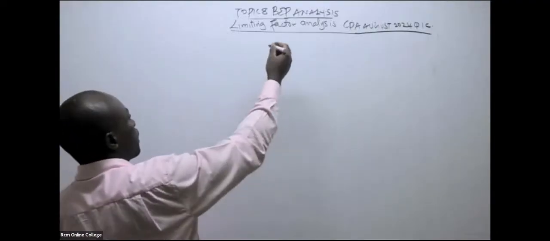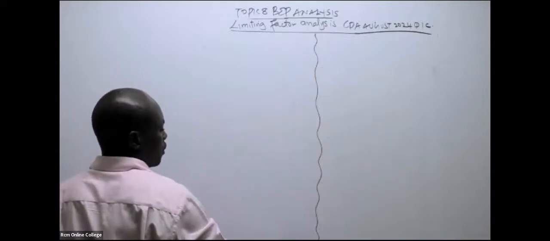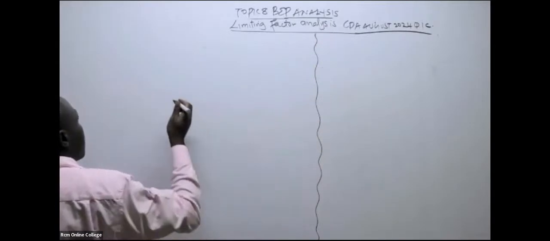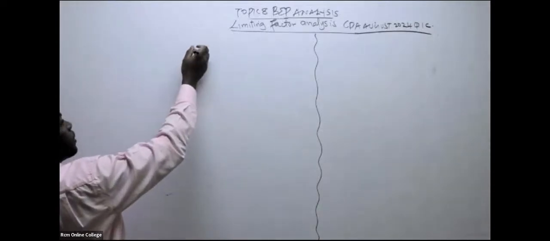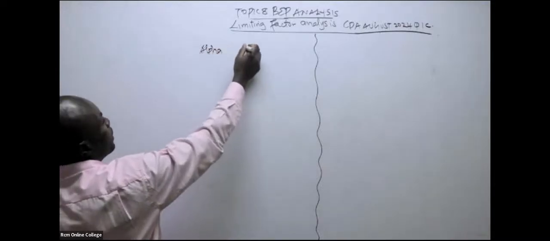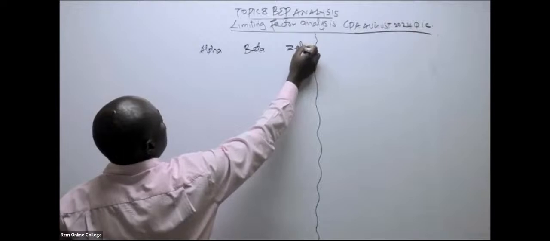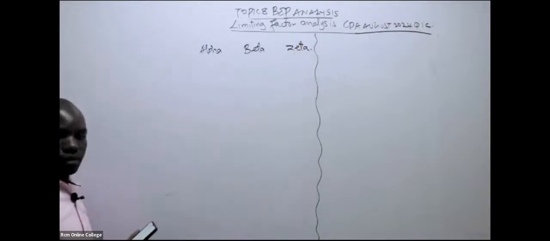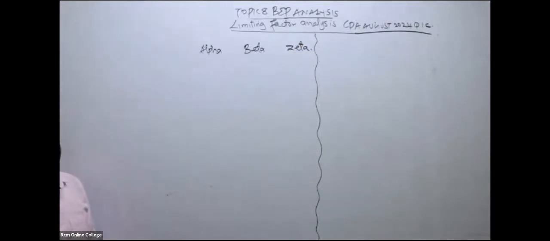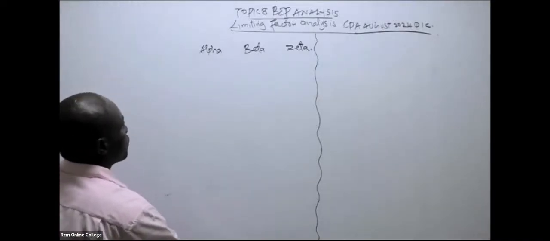We are dealing with 3 products: alpha, beta, and zeta. There's still enough space on the side.